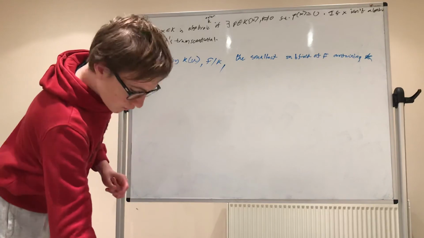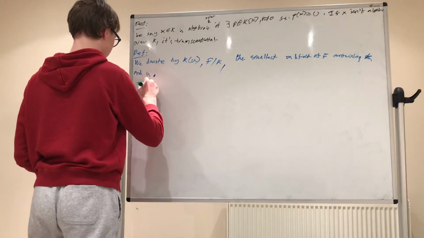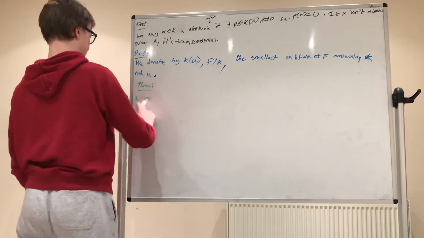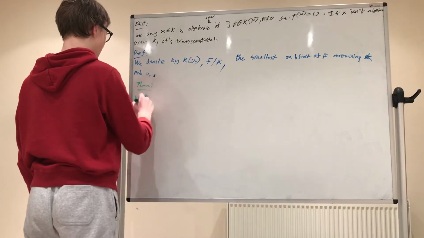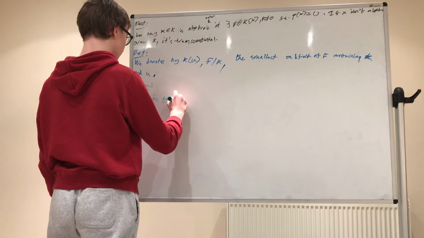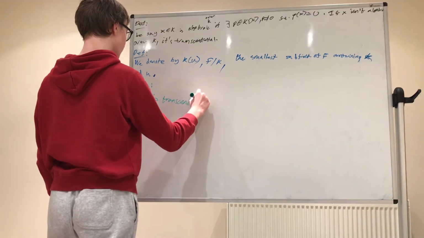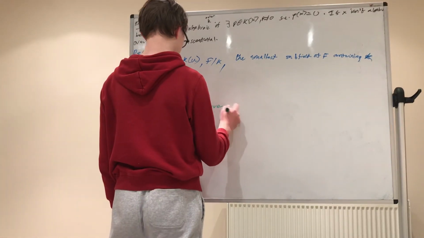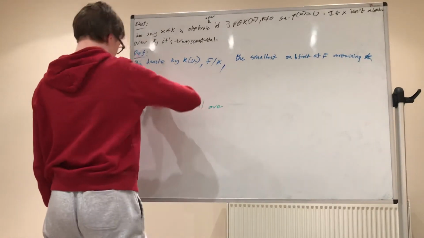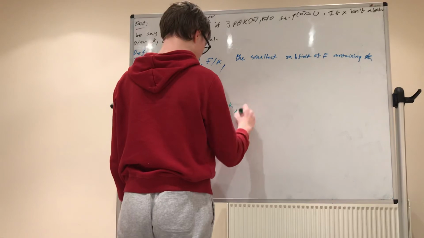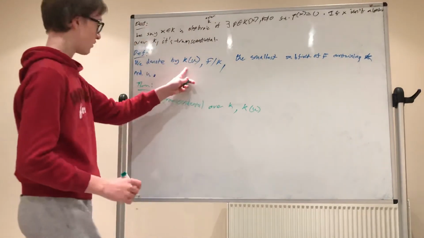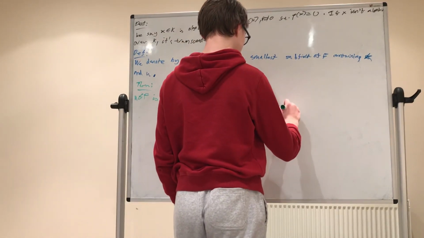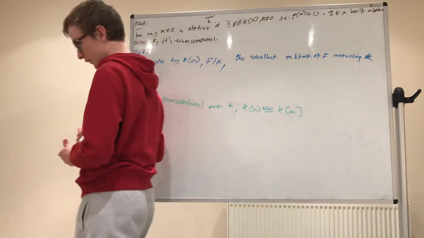Theorem. If u in F is transcendental over K, then K(u), the smallest subfield of F containing K and u, is actually isomorphic to the field of rational functions K(x).